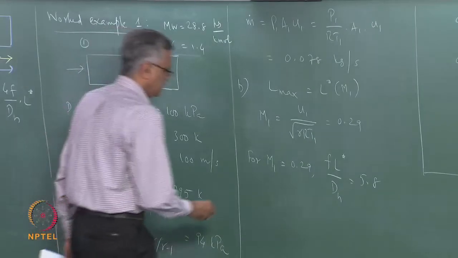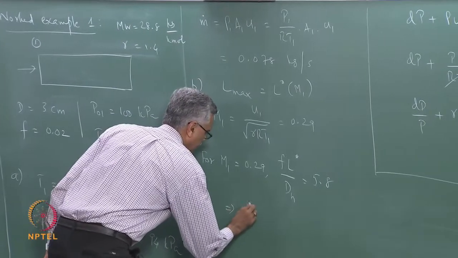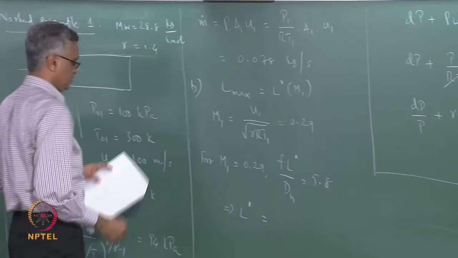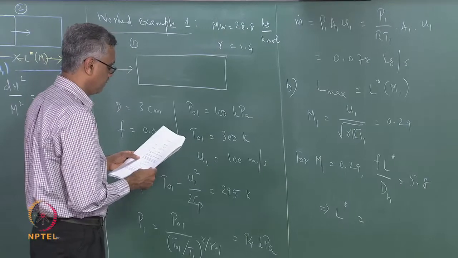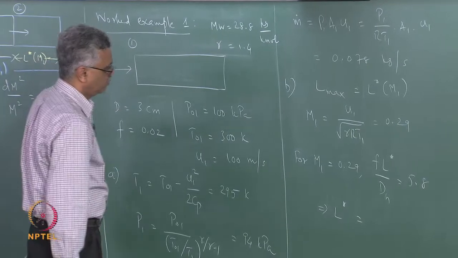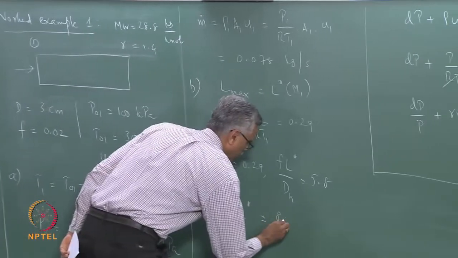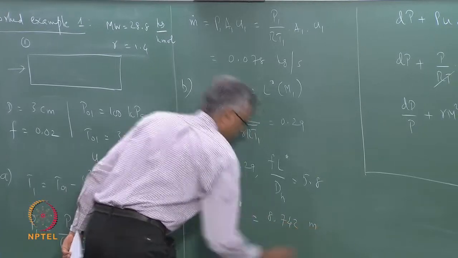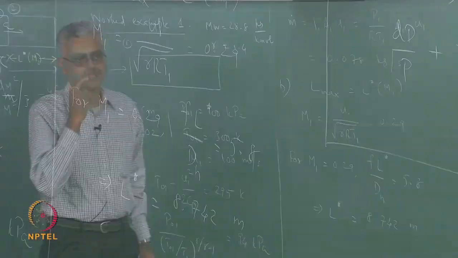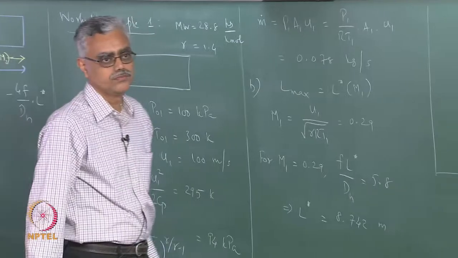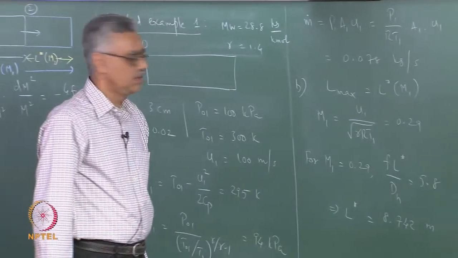So, from which I can calculate my L star corresponding to this Mach number to be about 8.742 meters.